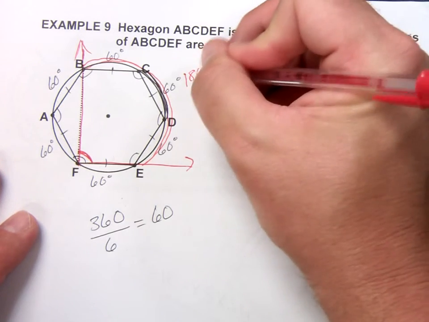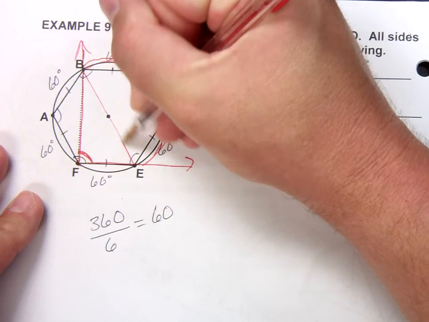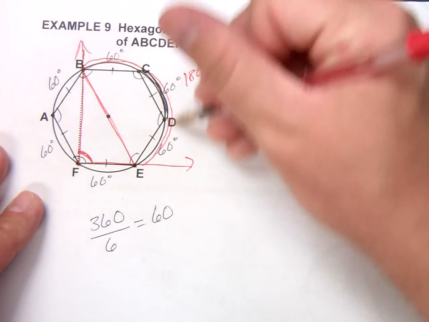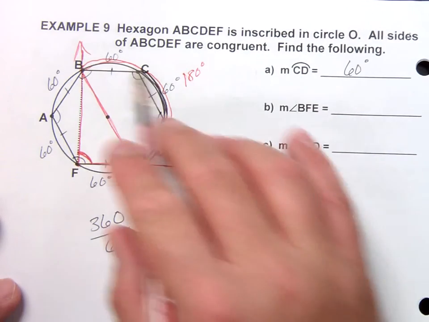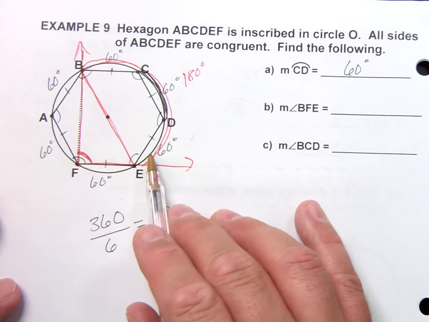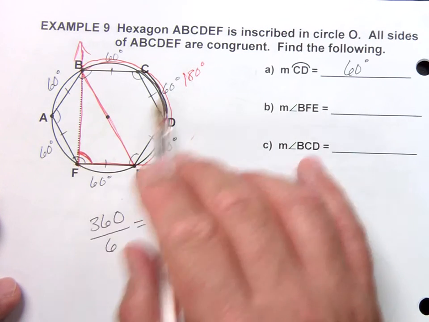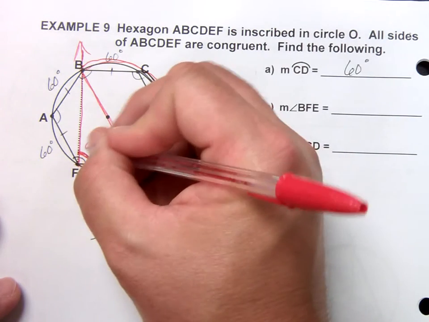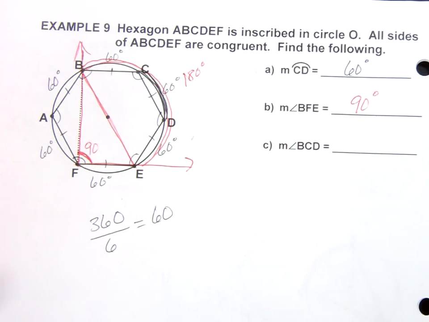And you might notice that if I were to draw this across here, this is a diameter, and I would know this is a semicircle. And remember, that semicircle, the arc is always going to be 180 degrees. So that inscribed angle is always half of the intercepted arc. Half of 180 is 90. So I know the measure of angle BFE is 90 degrees.